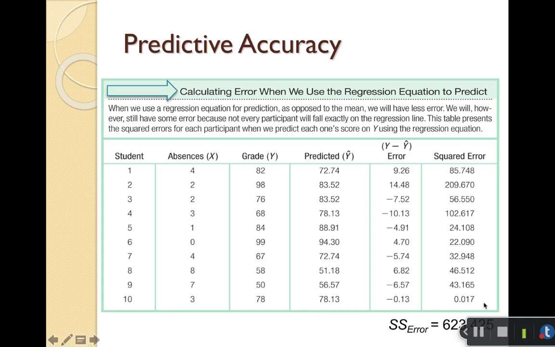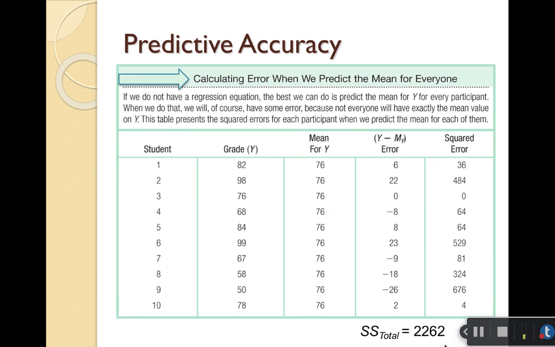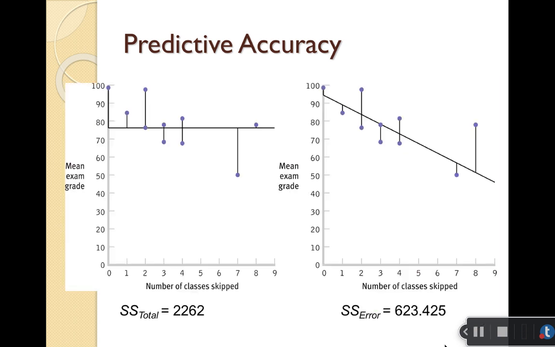But the idea is, if I take all of these squared errors and sum them up, we have the sum of squares error, and you can see I'm at 623.425. Compared to the previous slide of over 2,000, we can see that I've cut that error down quite a bit. So by using the regression line to predict, instead of just guessing the mean of 76% for everyone, I've reduced my error quite a ways.